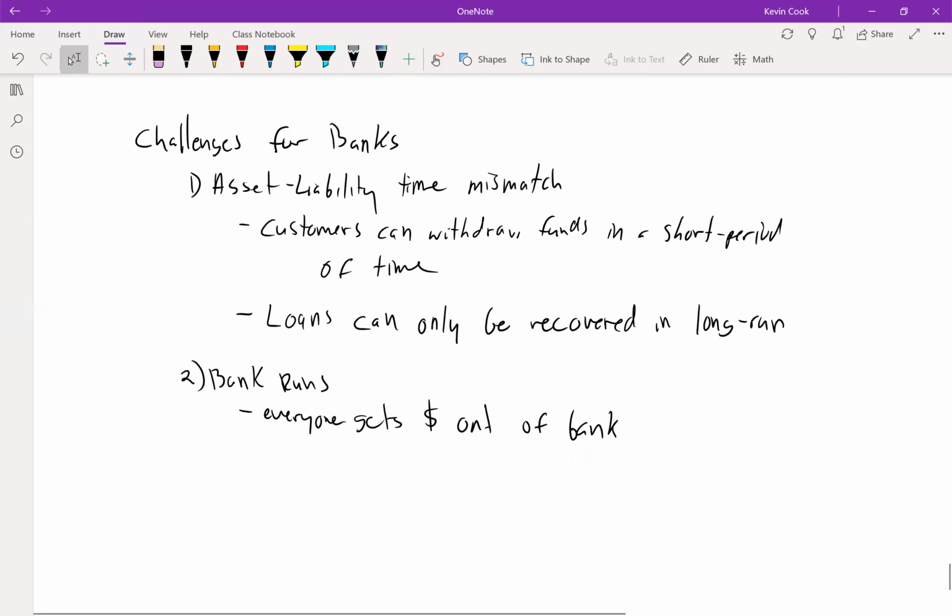These are the challenges they face, the application side of the challenges.